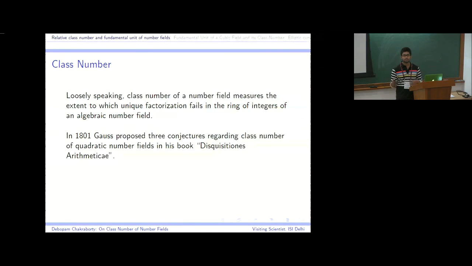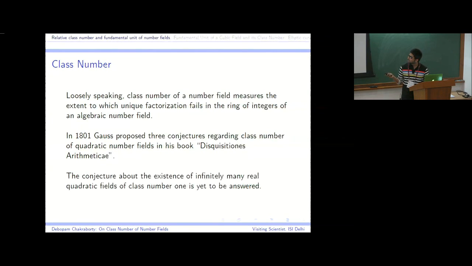And the second one was that he gave a list of imaginary quadratic fields with given small class numbers, and he conjectured that that is the final list. So people proved those two results, but the conjecture that he gave for real quadratic fields is still very much open.